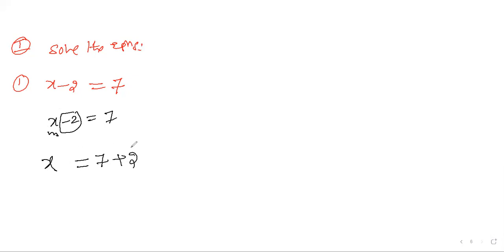LHS to RHS. Now what is the value of x? x minus 2 is equal to 7. Minus 2 is not required on the left, so it goes to that side as plus 2. On the LHS, what is left is x. 7 is copied, plus 2. x equals 9. The value is x equal to 9.